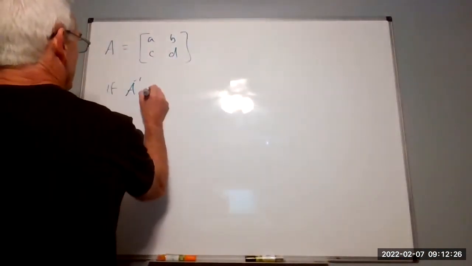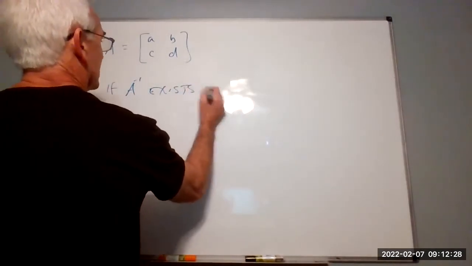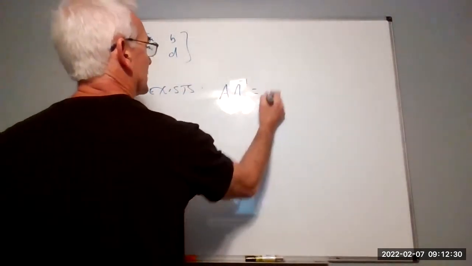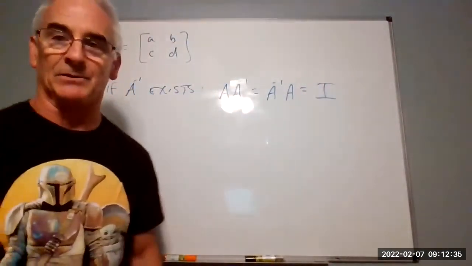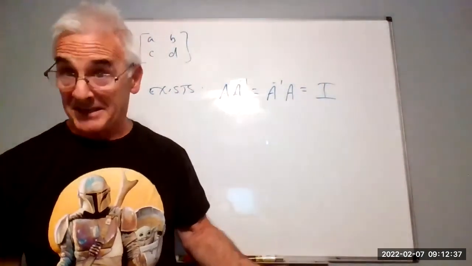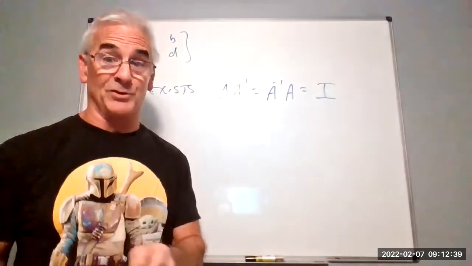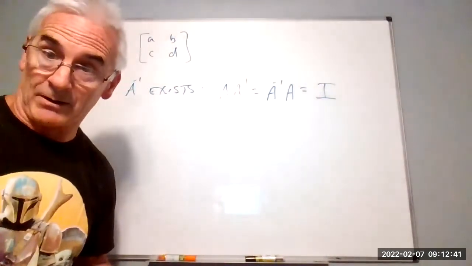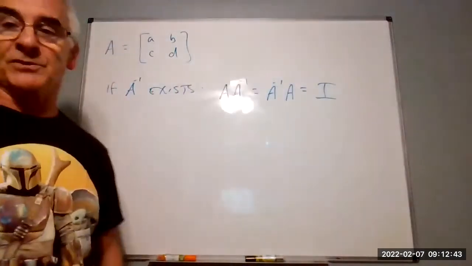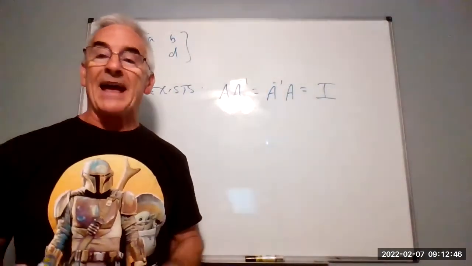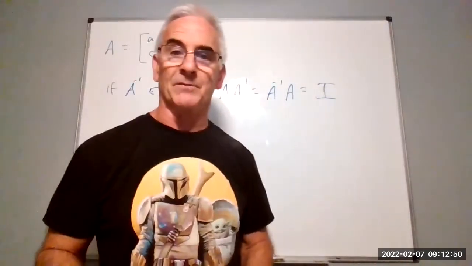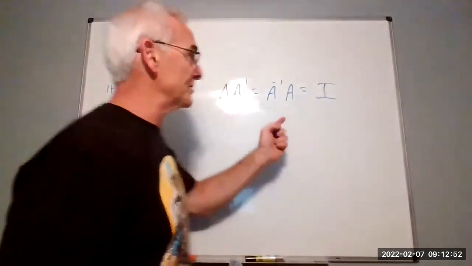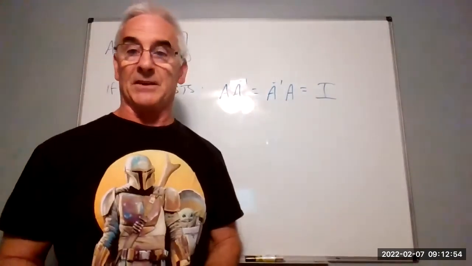If A inverse exists, then A times A inverse equals A inverse times A equals the identity matrix. That's an absolute mathematical law, if it exists. Now there's no guarantee that it exists, but firstly, A would have to be square, because otherwise your dimensions won't work. If A is not square, A inverse doesn't exist, and the matrix multiplication would not be commutative.